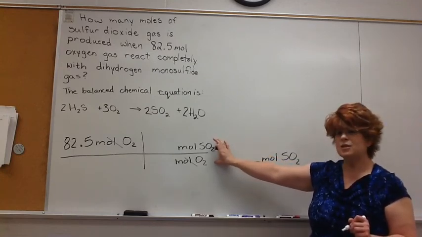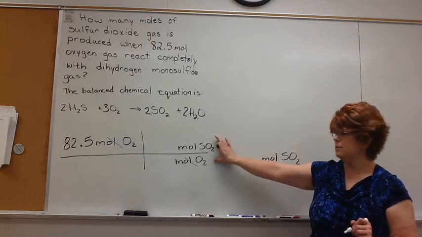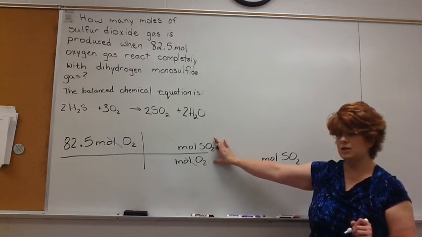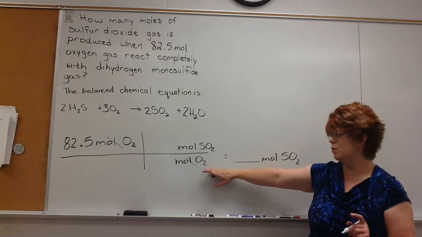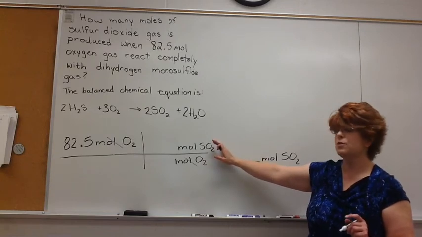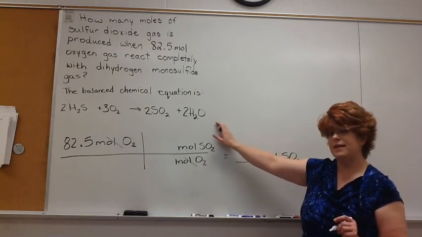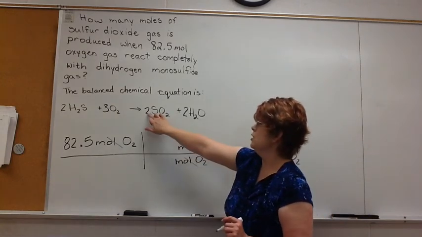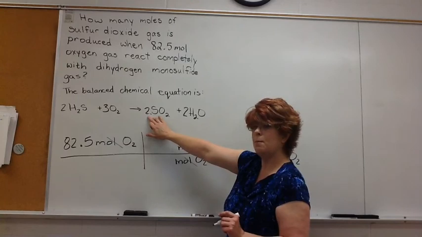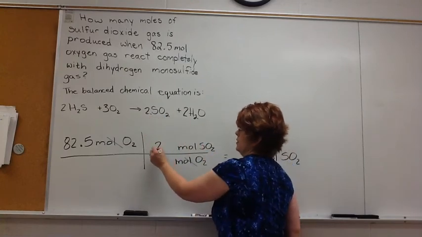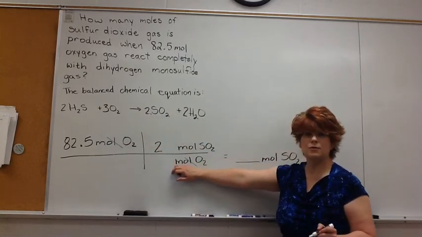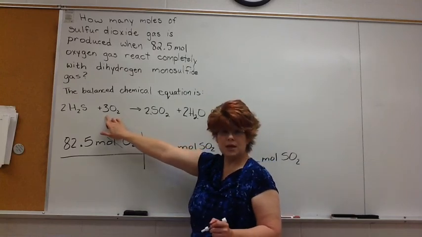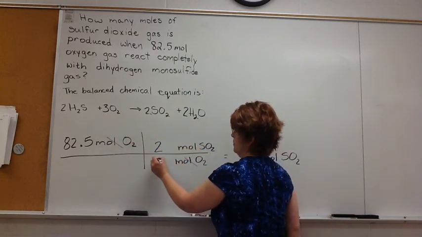It's always a good idea to ask yourself, can I get directly between these two units? Is there a direct conversion that I can do between moles of O2 and moles of SO2? And yes, there is, as long as you have a balanced chemical equation. My balanced chemical equation tells me 2 moles of sulfur dioxide gas is made from 3 moles of oxygen gas.